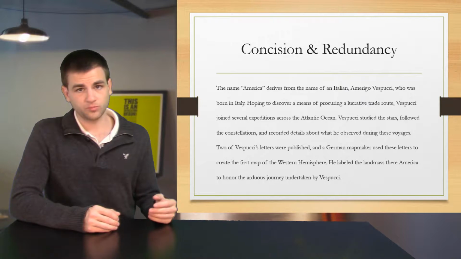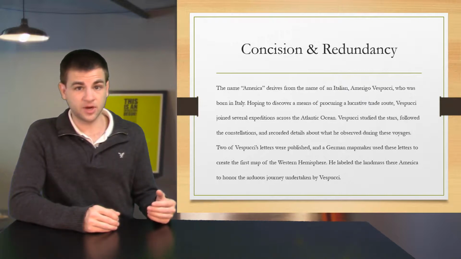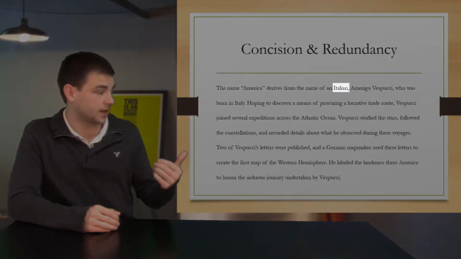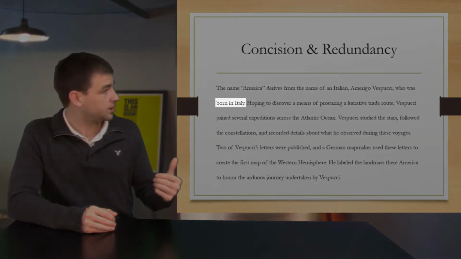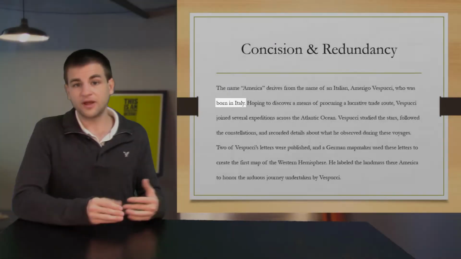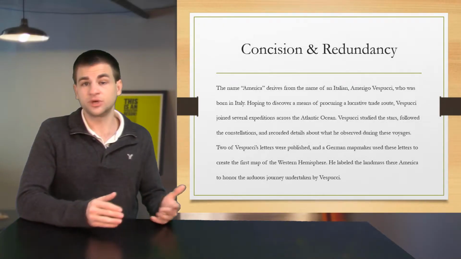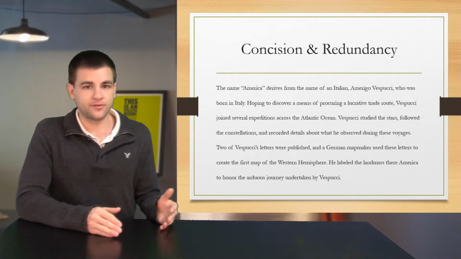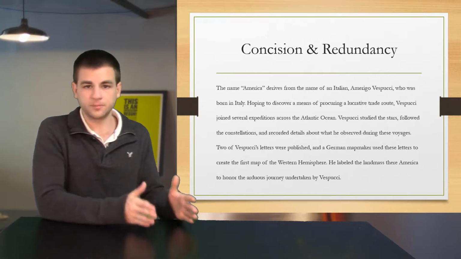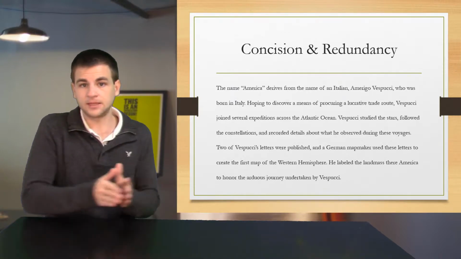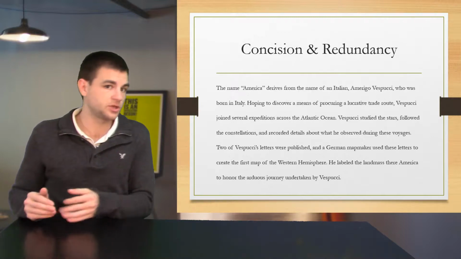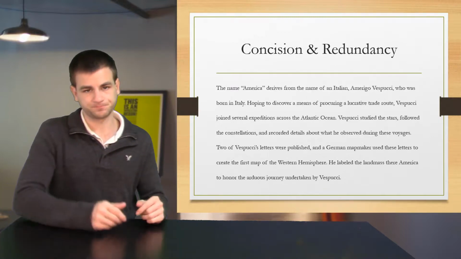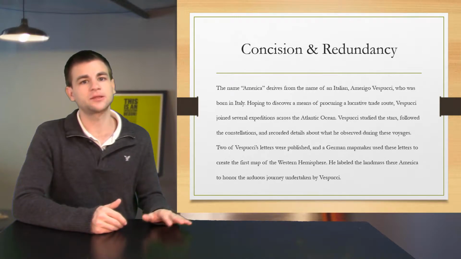So here, when I've told you that Amerigo Vespucci is an Italian, and then I later say that he was born in Italy, what I've done is created a redundancy. I have given you one piece of information, and then later on I repeat that exact same information using slightly different phrasing. And the SAT does not like this.